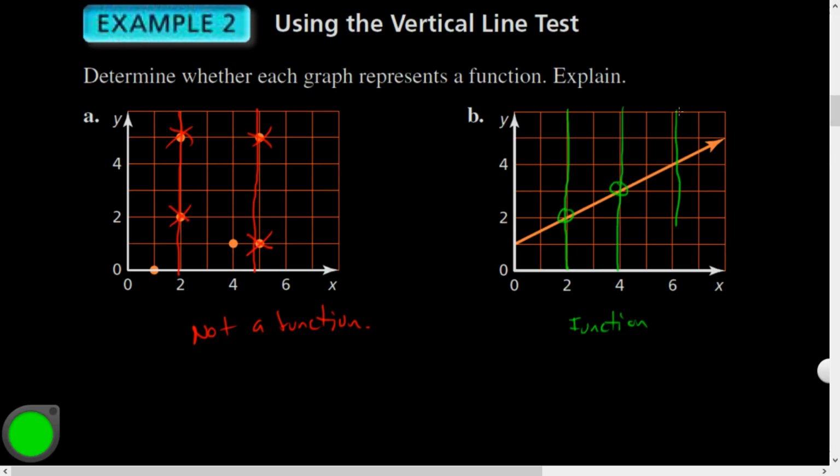Bing, bing, bing. And I want to point out over here, notice this vertical line hit only 1 point. This was okay, but if it breaks down its functioning at even a single location, it's not a function. But this one, I can't find a vertical line where it's not gonna have that happen.